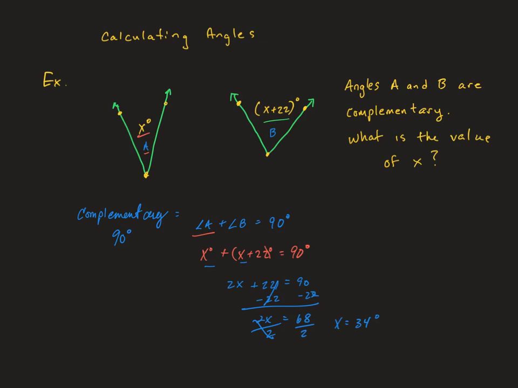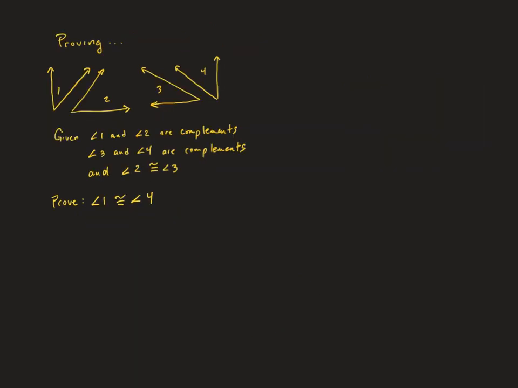Calculating angles, given the information, using what you know about your definitions, and moving on. Proving, again, we keep bringing this proving thing up, right? Well, I know they've given me 1, 2, 3, 4 angles, and it says given angle 1 and angle 2 are complements.